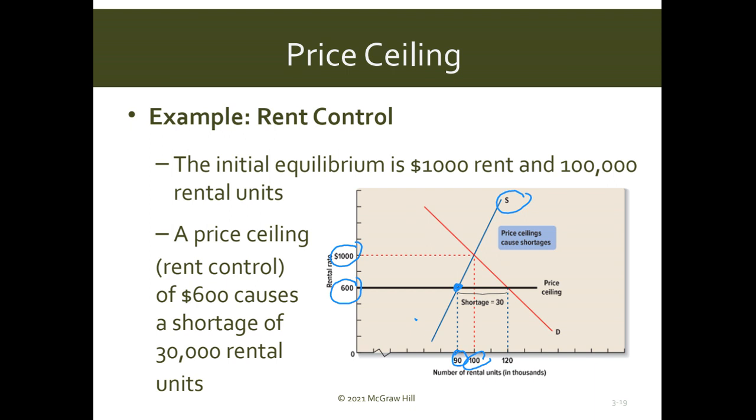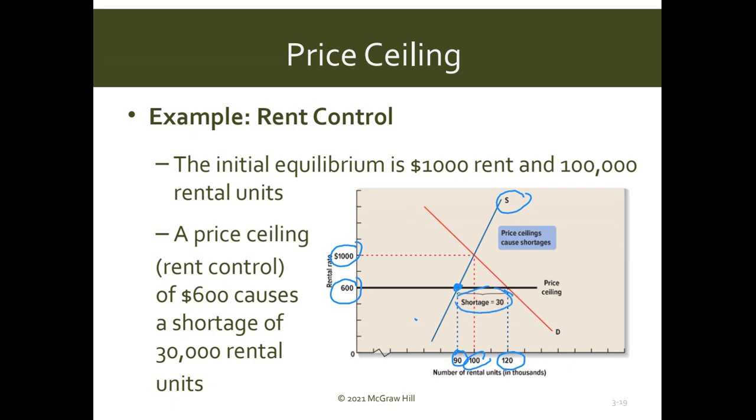The demanders, those who actually want to get those rental units, are willing to rent 120 apartments, but the available apartments are only 90. That is the problem. So there is a shortage of 30 rental units.